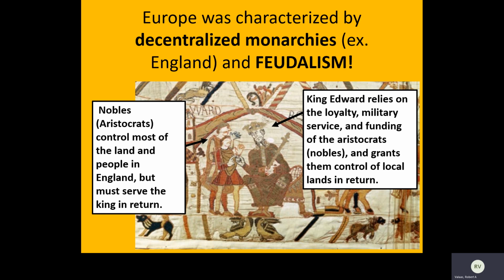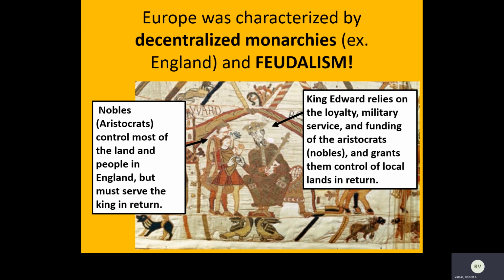So kings like King Edward the Confessor here of England, they relied on the loyalty and the military service and the funding of the aristocrats who made up the elites in the countryside, in return for which he granted those aristocrats control of local lands in return. And those nobles or aristocrats, these guys here, they were the ones throughout Europe who controlled most of the land and people in countries like England, but had to give loyalty and service and funding to the kings in return.